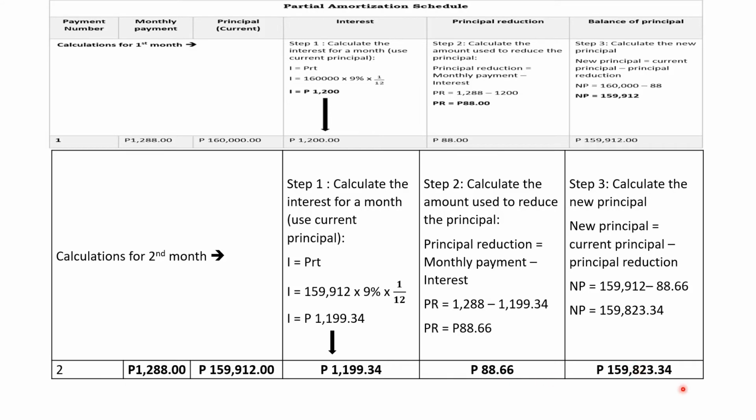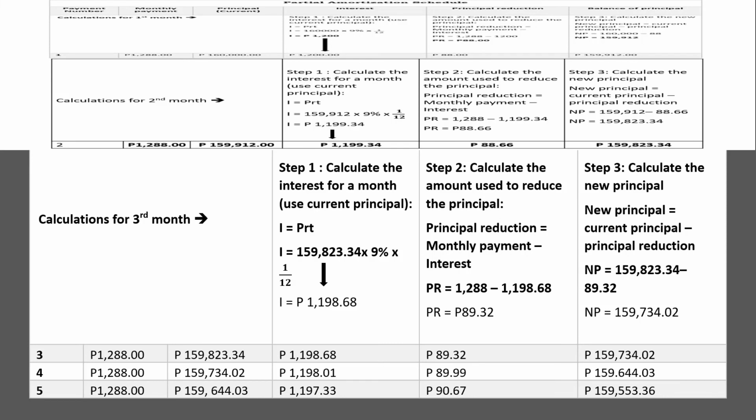Now our new principal is 159,823 pesos and 34 centavos. So for the third month payment, our new principal is already 159,823 pesos and 34 centavos.